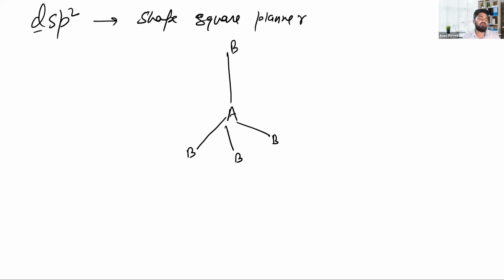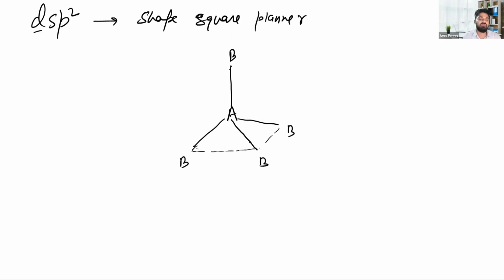Let me show you this in a proper manner. This is like this, and this type of structure is called tetrahedral structure. This is B, this is B, this is B, this is B. This is the tetrahedral structure.